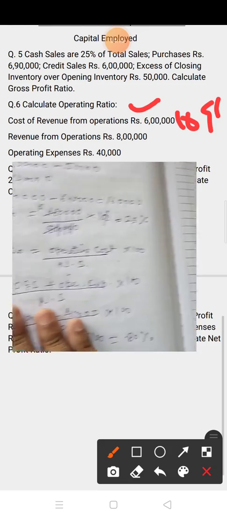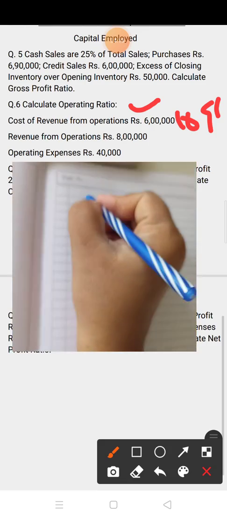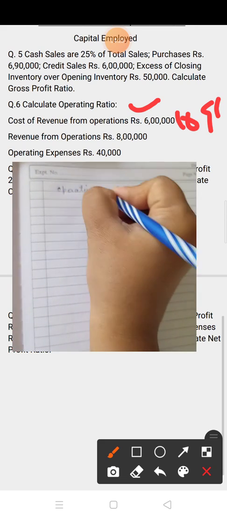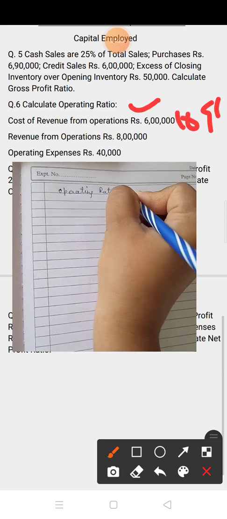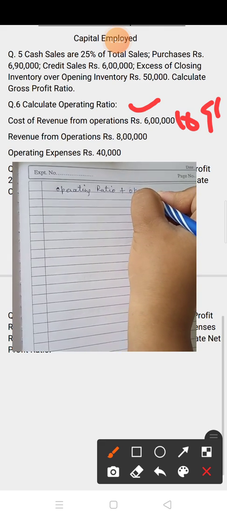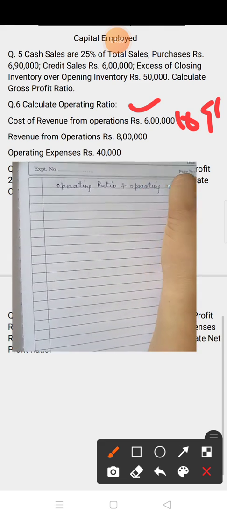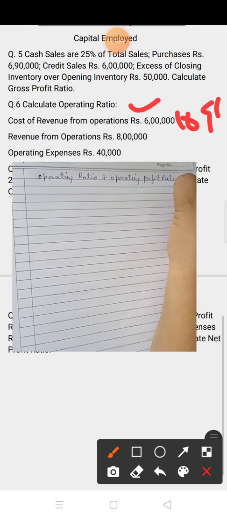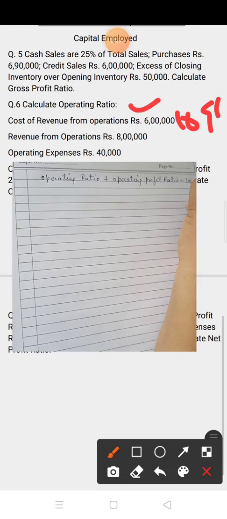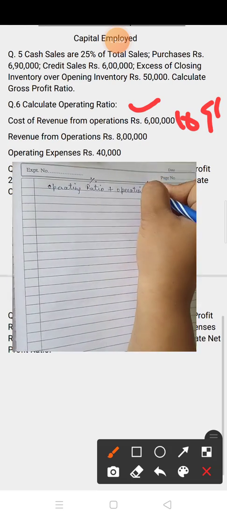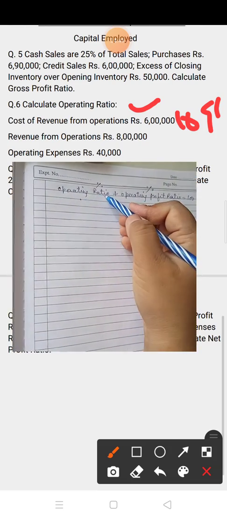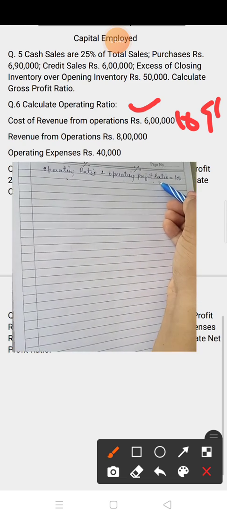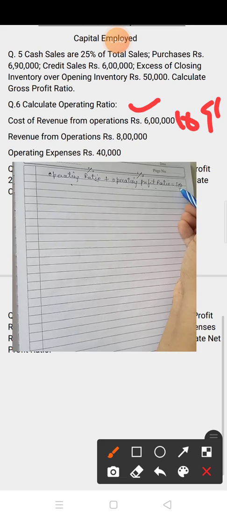One more thing. Operating ratio plus operating profit ratio is equal to 100. Here you have to add the percentages. If you have already found the operating ratio and you have to find the operating profit ratio, then it is equal to 100%.